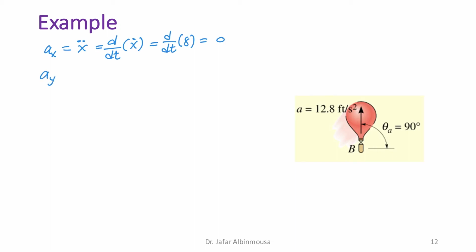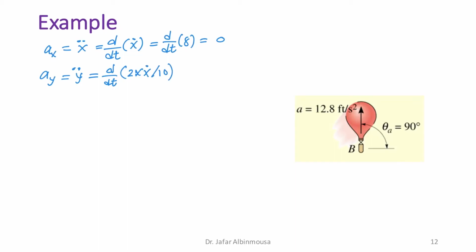For ay, we will get y double dot, and remember y was a function of x, so this is going to give us d over dt of the y dot. Y dot, we calculated in the previous slide as 2x x dot divided by 10.